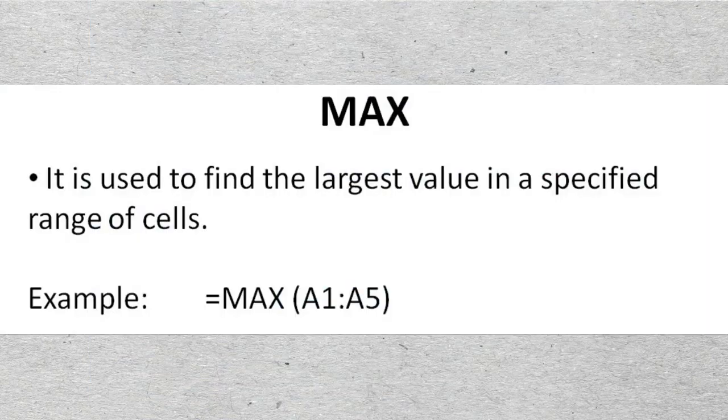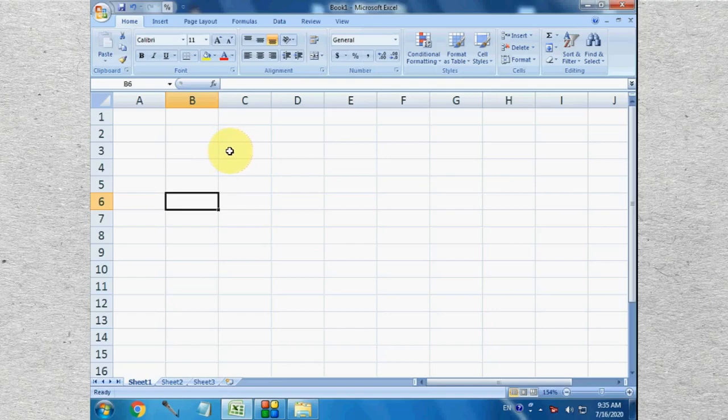Max function. It is used to find the largest value in a specified range of cells. Example is given below. Max function. It is used to find the largest value in a given range. Okay? Now type 56.